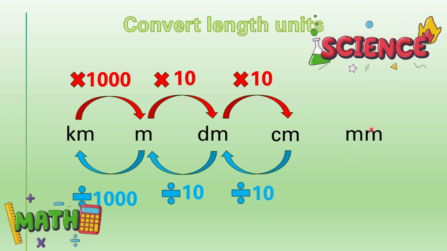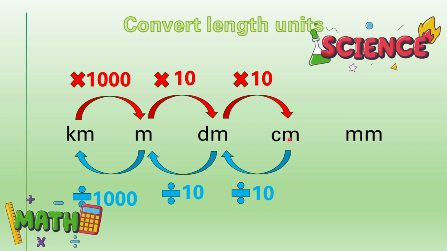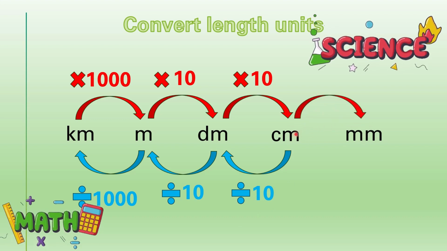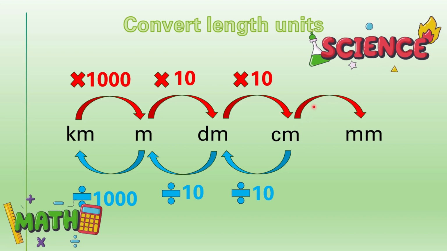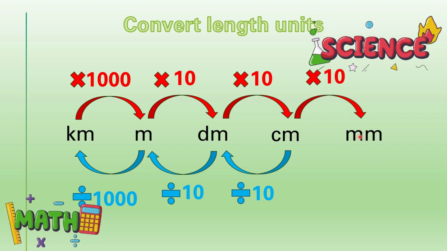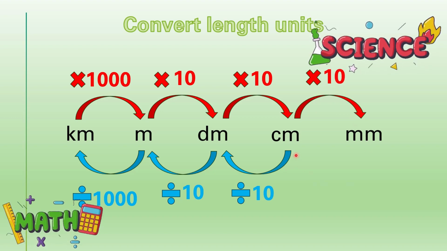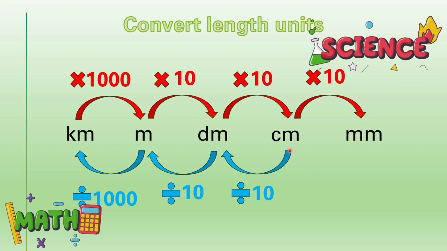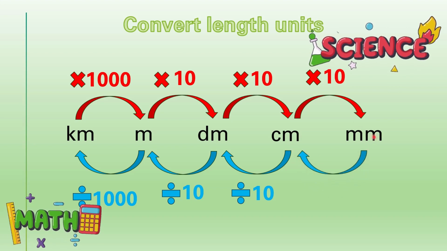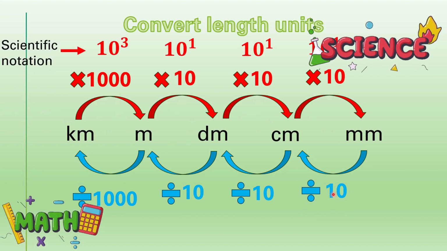Then, if you have centimeter and millimeter, so centimeter is bigger than millimeter. So if you're converting from centimeter to millimeter, which is meaning from bigger to smallest unit, then you are doing multiplication by 10. If you are going in opposite direction, so from millimeter to centimeter, so millimeter is smaller than centimeter, then you are dividing by 10.